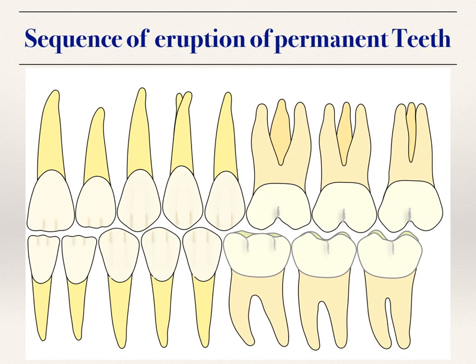Sequence of eruption of permanent teeth. The first permanent tooth to erupt in the oral cavity is the mandibular first permanent molar, followed by the mandibular central incisors, then the maxillary central, mandibular lateral, maxillary lateral, mandibular canine, the mandibular first premolar and the maxillary first premolar at the same time, the mandibular second premolar and the maxillary second premolar at the same time, and then at 12 years the maxillary canine erupts.